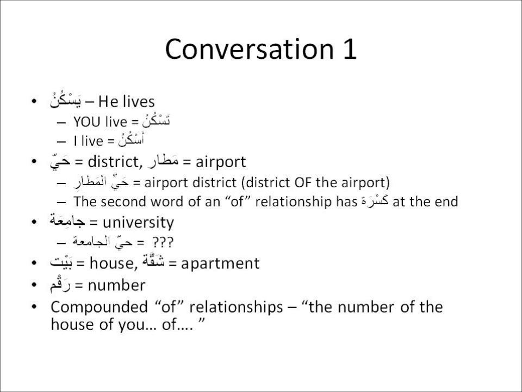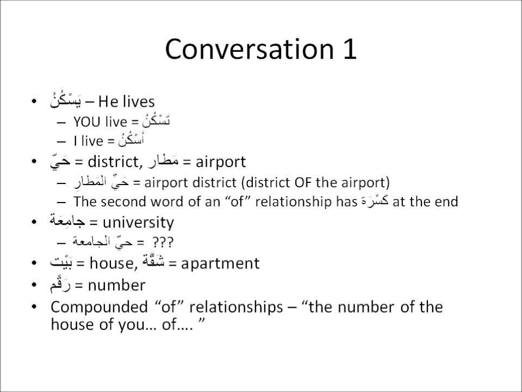And we see here Ahmed asking Hassan, Aina taskunu? Where do you live? So he replaced the ya with a ta. And the reply was Askunu fi hayy al-matar. Askunu is I live. So now we know how to translate a word in action four different ways.